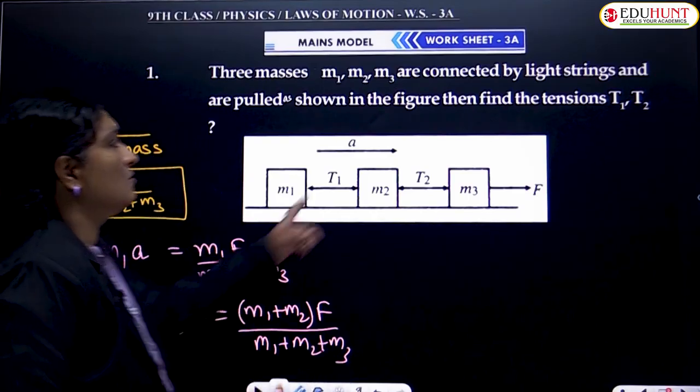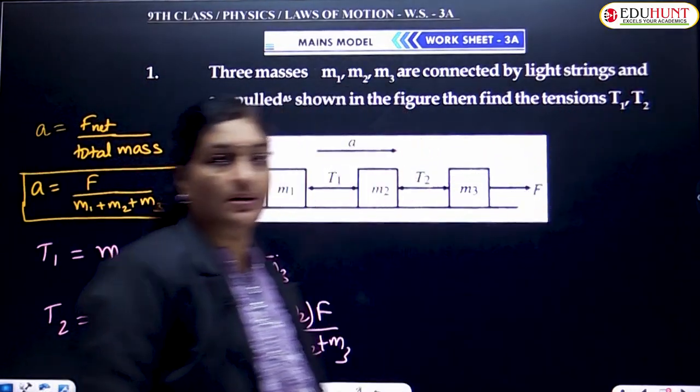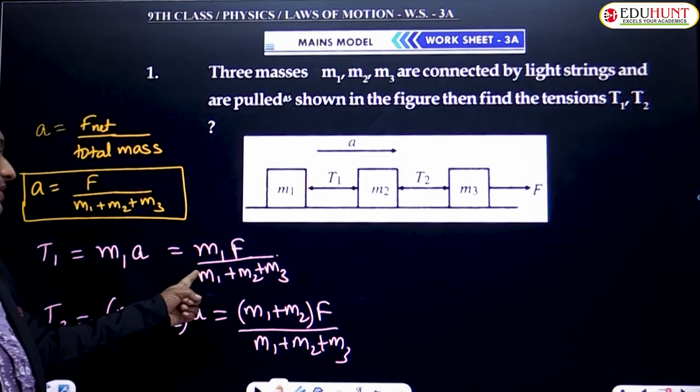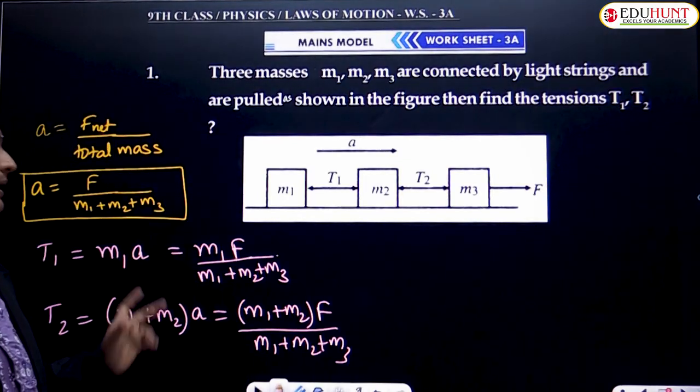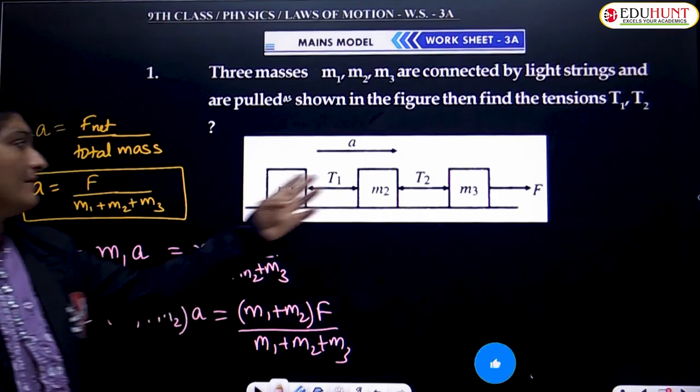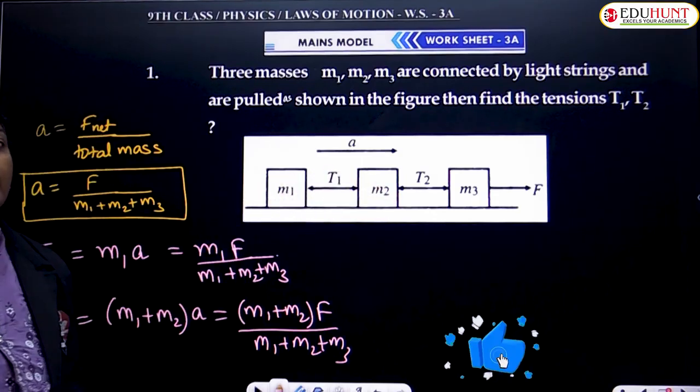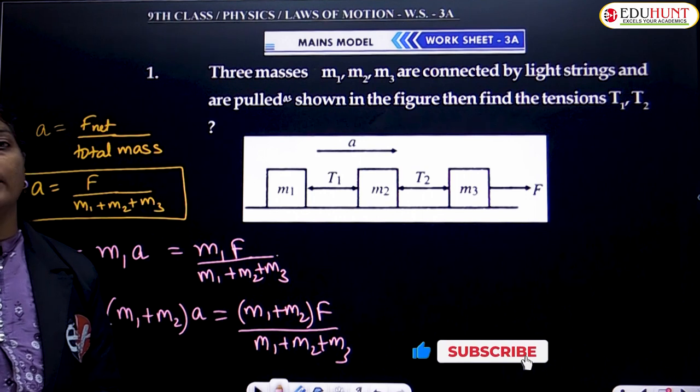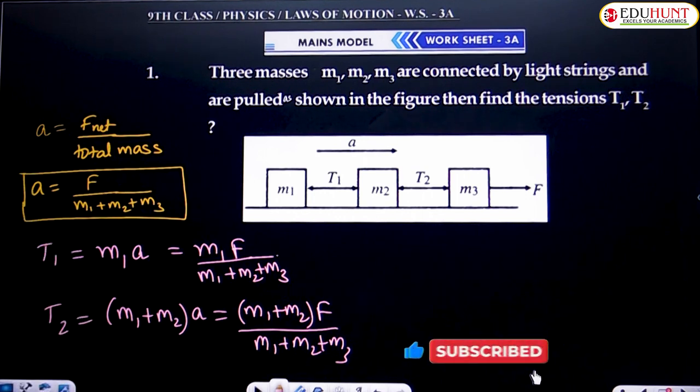So the value of T1 is M1F by M1 plus M2 plus M3, and the value of T2 is M1 plus M2 into F upon M1 plus M2 plus M3.